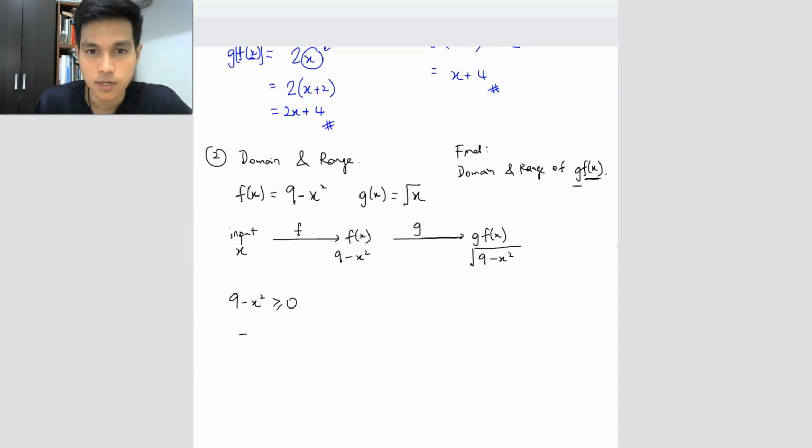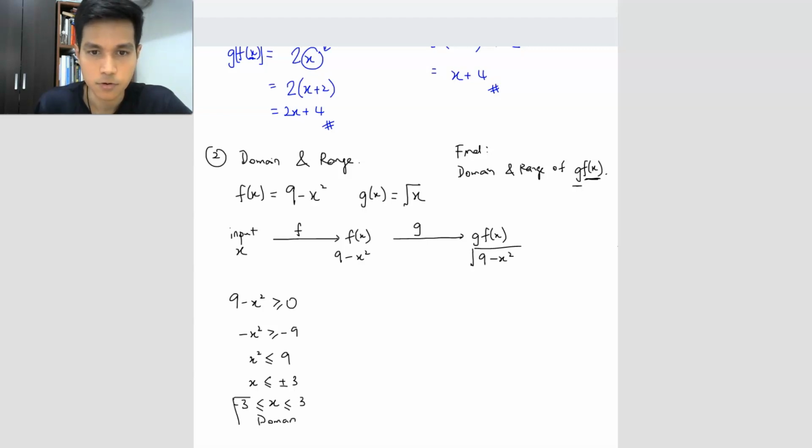So negative x square will be more than or equal to negative 9. So x square, when you remove the negative, the sign must flip, so x square will be less than or equal to 9, so x will be between plus minus 3, because you bring the square over, it becomes square root. So the actual answer for this will be x between negative 3 and 3. So this is the domain.